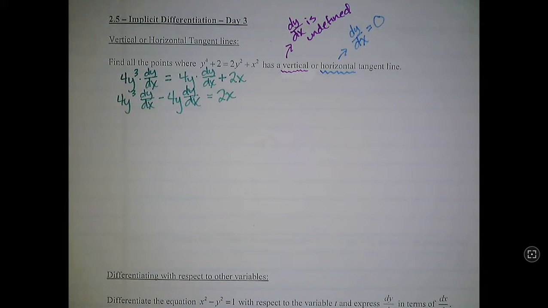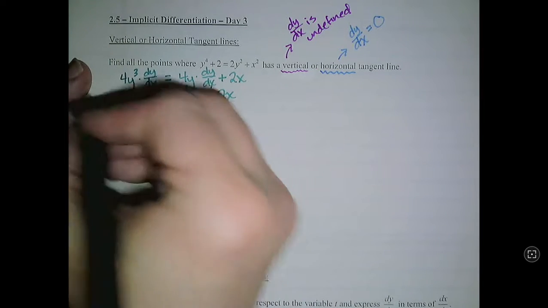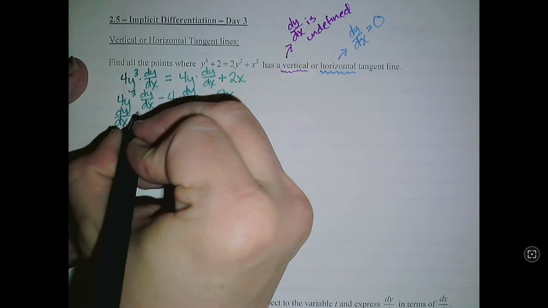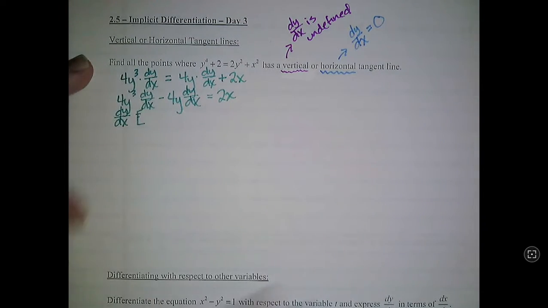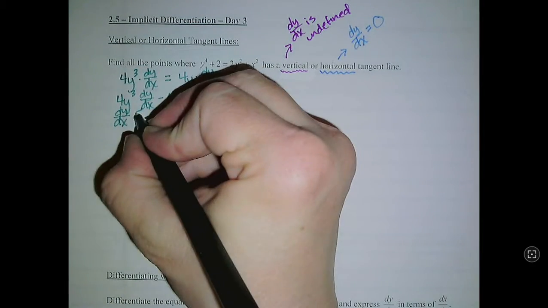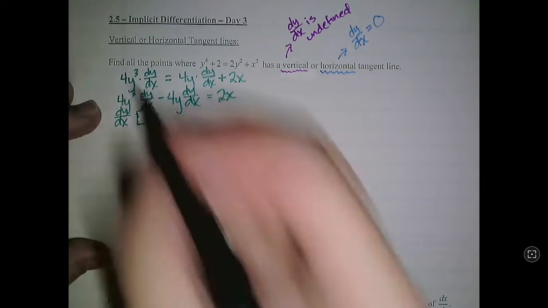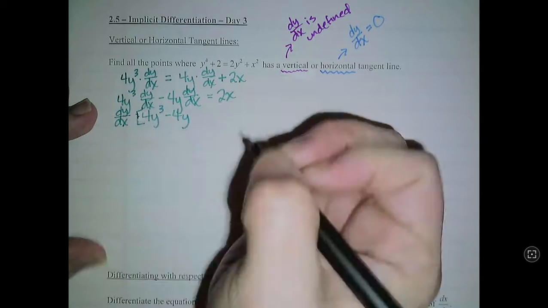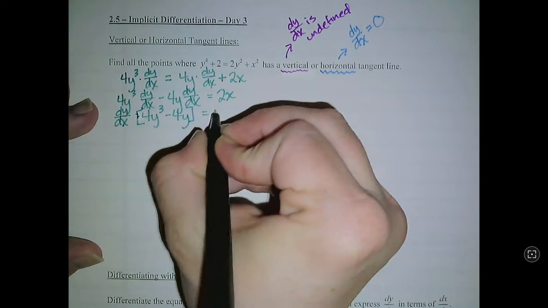So now I have my dy/dx on the same side. My next step would be to factor that out. So if I factor out a dy/dx, then I have 4y cubed minus 4y, and that's still equal to 2x.